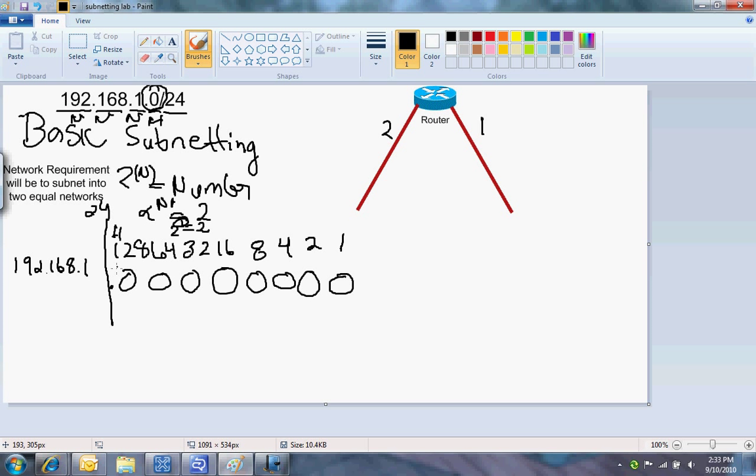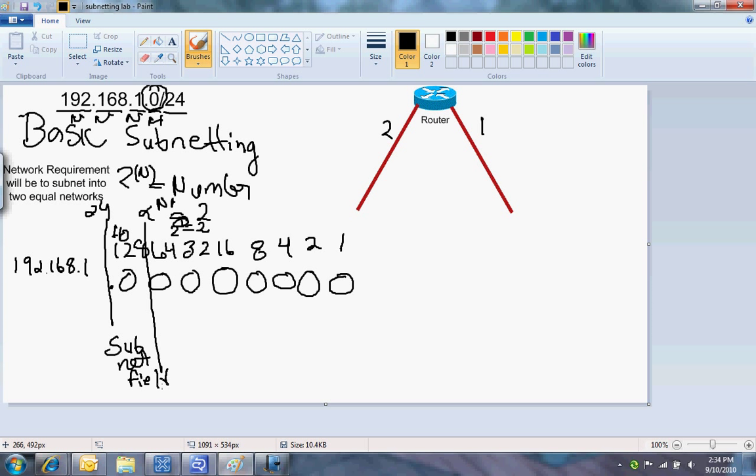So I'm going to start from my 24, my prefix notation, at the high order bit and go in 1 place value, because I'm borrowing 1 bit. Here, this is now called my subnet field.